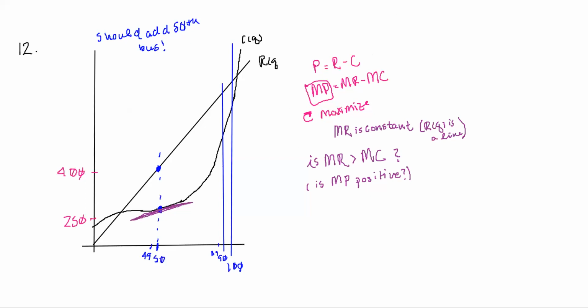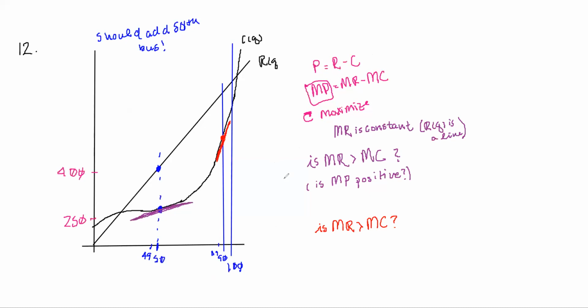Let's do that same process. We have to ask ourselves, is the marginal revenue greater than the marginal cost? Let's draw ourselves a little tangent line. What do you guys think? Is our marginal profit positive?